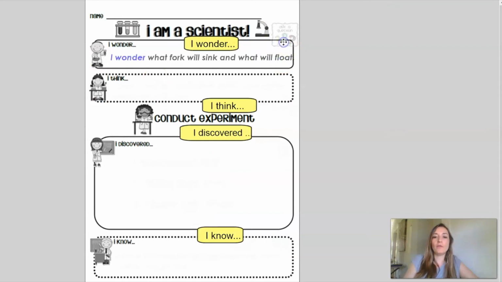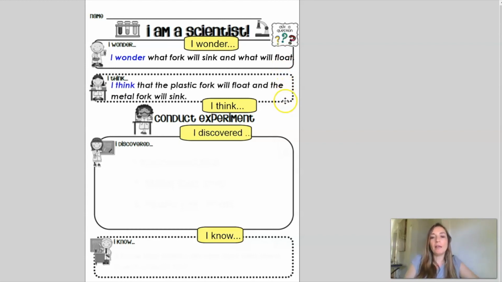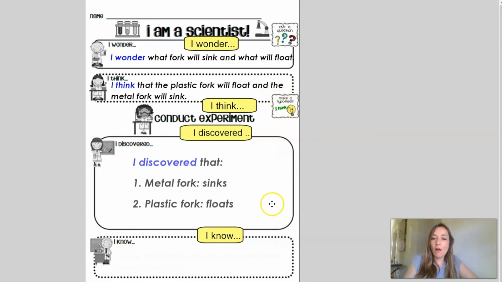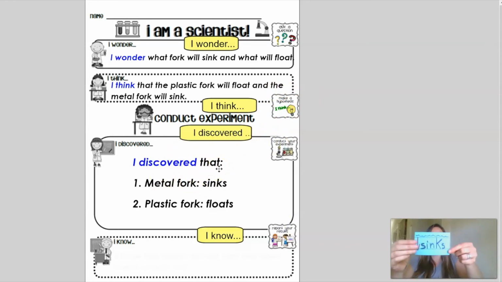So remember that first of all, we wondered which fork was going to sink and which fork was going to float. Then we made our hypothesis and we discovered that the metal fork sinks and the plastic fork floats.